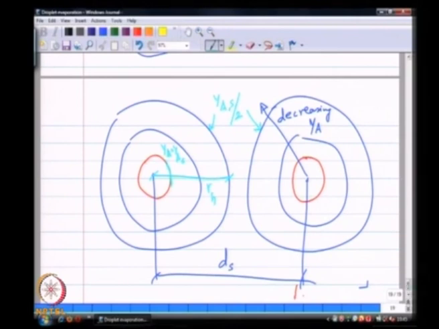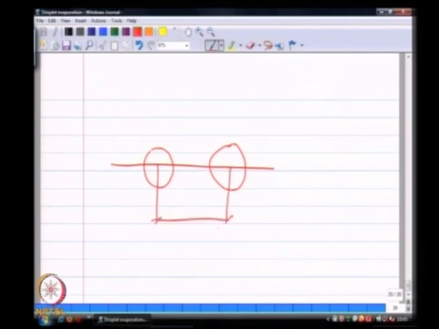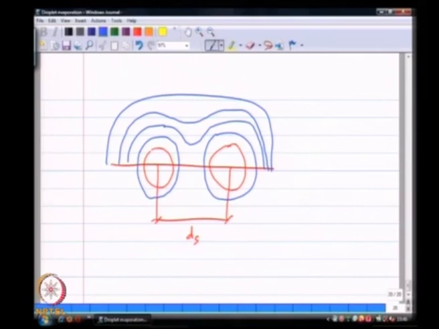If I now look at multiple droplets coming together, this may not necessarily hold true. So, if I take a situation where two droplets are spaced at some d s again, but you can notice how d s is less than in the previous schematic, and if I draw lines of constant Ya, now the two drops are not entirely independent of each other.